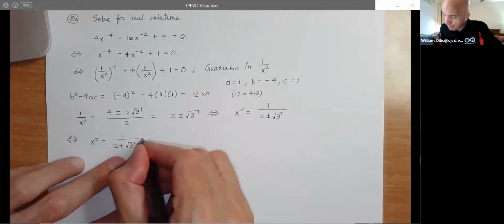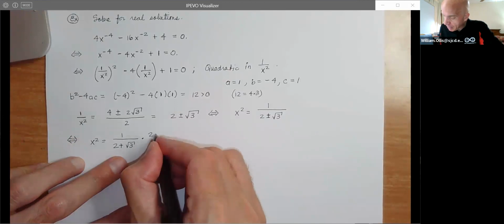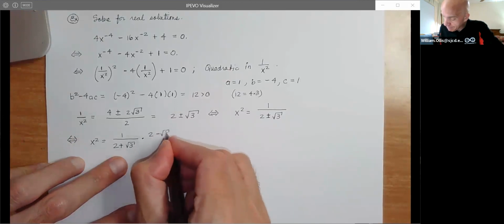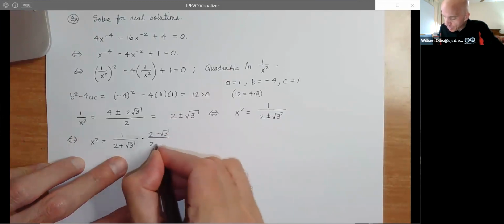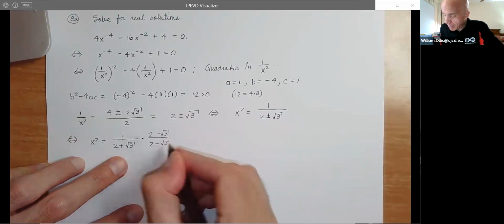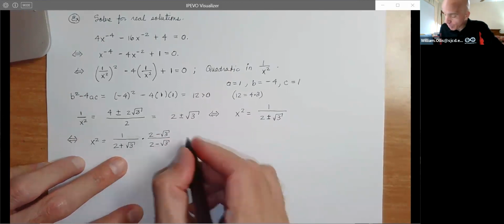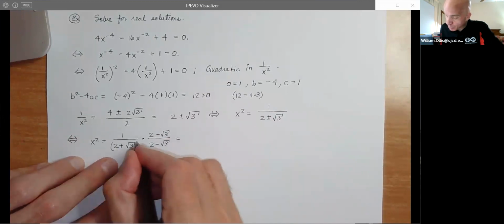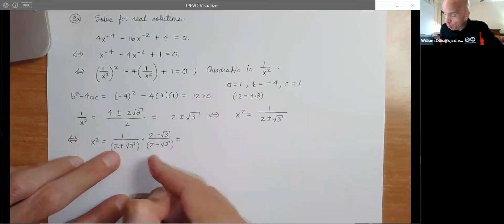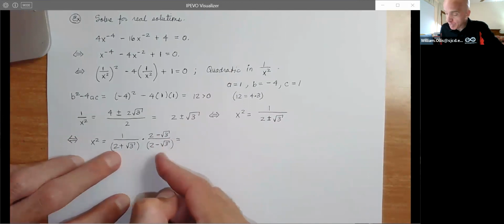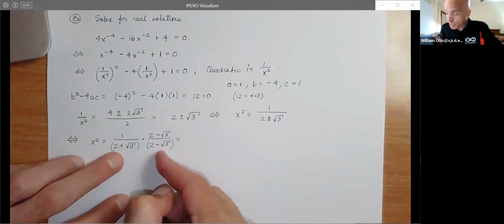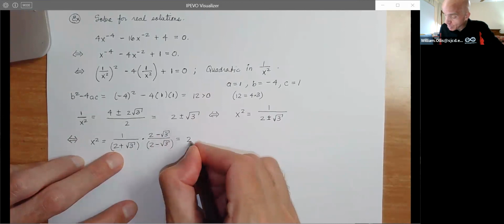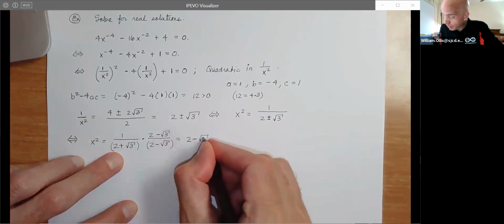So again, we can do the conjugate technique. Again, you don't have to do this. It doesn't make the other solution incorrect, but this is just a nice little trick. Notice here, downstairs, we just get 4 minus 3 because this is a difference of 2 squares. So that's just a 1. So this gives us 2 minus root 3.